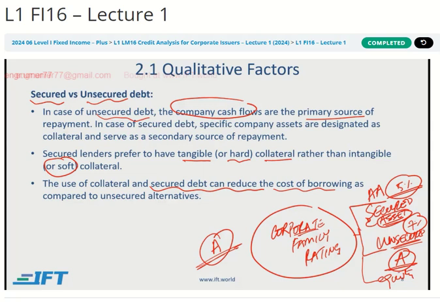Maybe they will come and sit on the board and start voting on matters in a way that you might not like. So secured is the cheapest, but if you don't have assets for that, then you can go for unsecured borrowing. And if you can't do that, then of course equity is what you can issue, which means you will be sharing the ownership of your company and you will have to share the profits and the decision making as well.